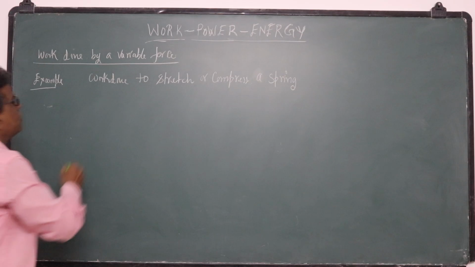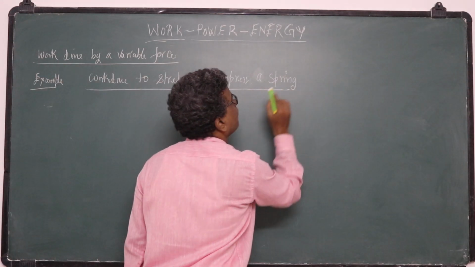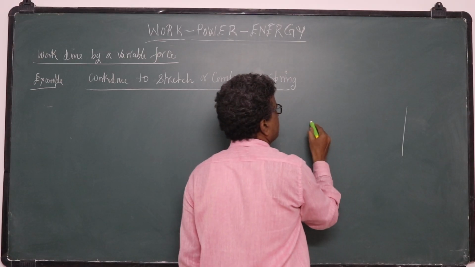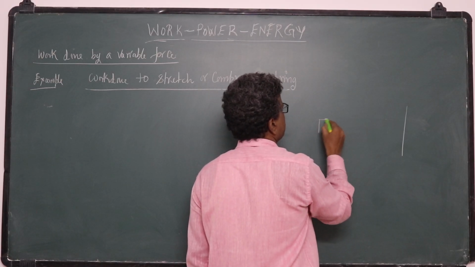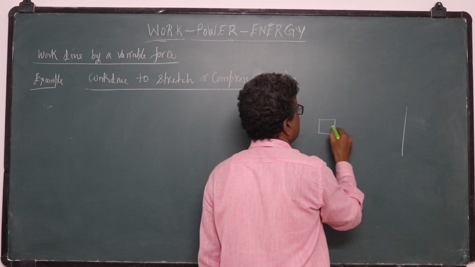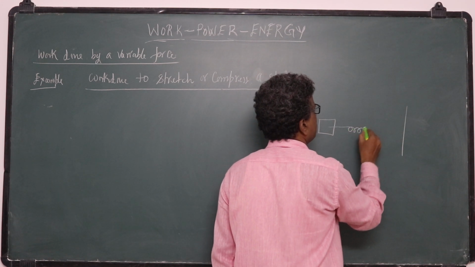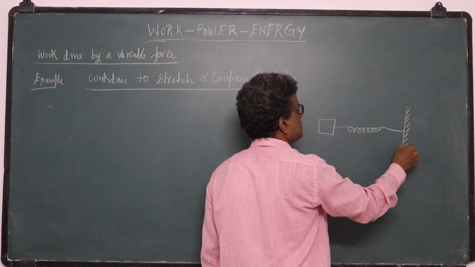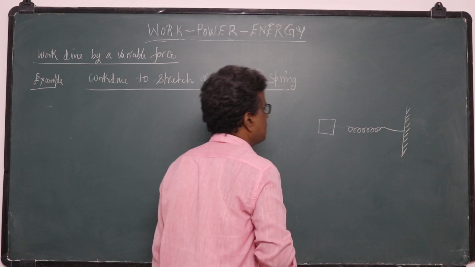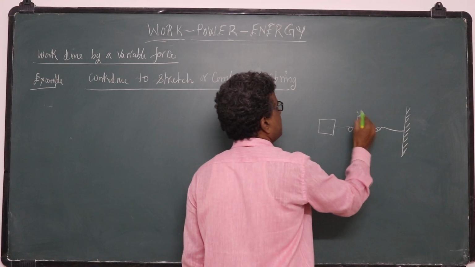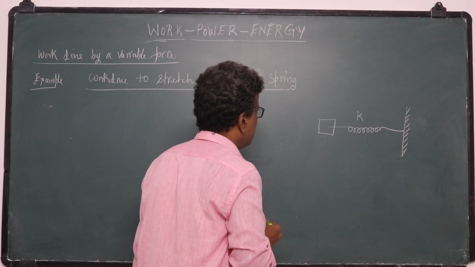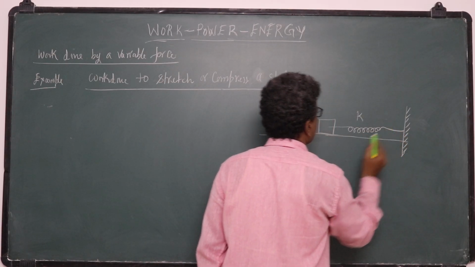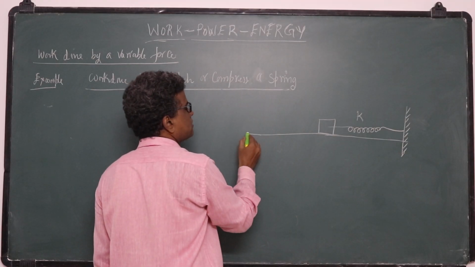So let us consider a spring attached to a block. One end of the spring is fixed, and the spring has a spring constant K. It is placed on a horizontal surface.